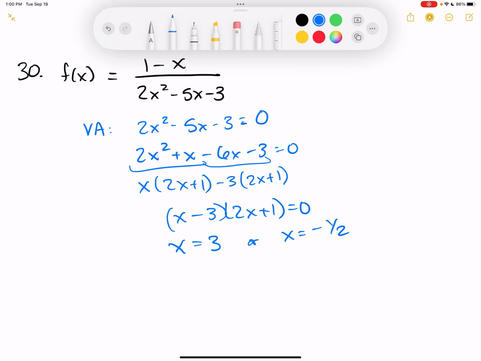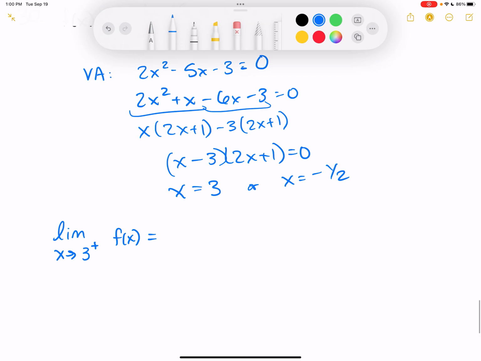So we're going to have the limit as x approaches 3 from the right of f of x, the limit as x approaches 3 from the left, the limit as x approaches -1/2 from the right, and the limit as x approaches -1/2 from the left.